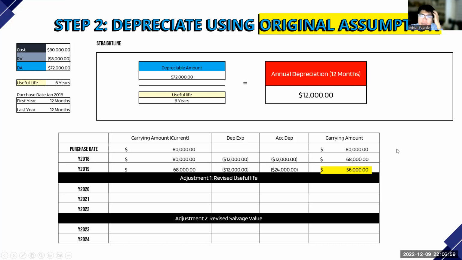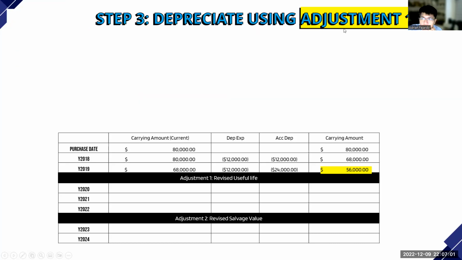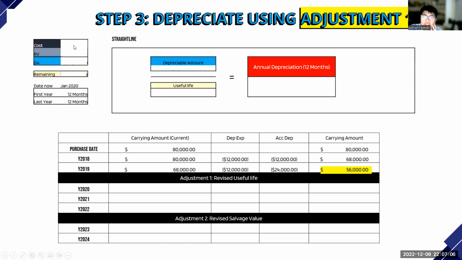Come next year, nag-iba raw yung estimate. May adjustment 1 na tayo. The new cost is what? The carrying amount at the end of 2019, which is 56,000. Our residual value remains the same at 8,000. So now it gives us a new depreciable amount of 48,000.